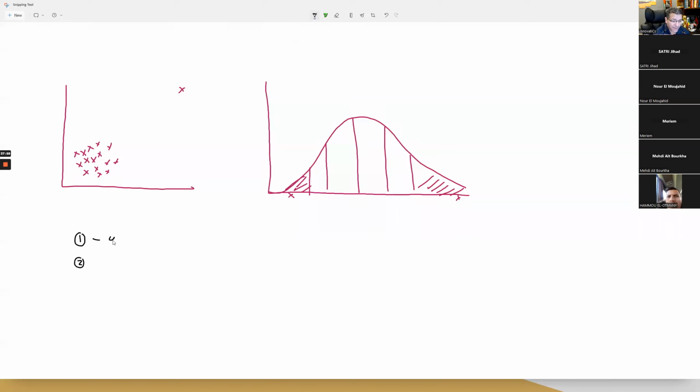Number 1, understand why we have outliers. Number 2, talk to your team. Hey man, come look into this. What do you think? We have a 3 years old or a 116 years old.